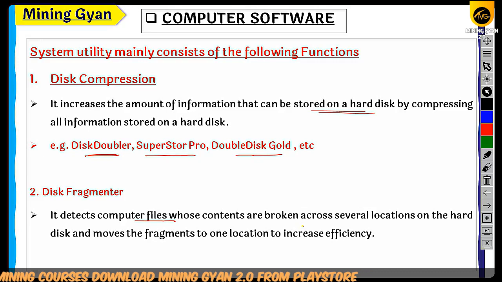So it can increase the efficiency of the computer, or the hard disk basically.